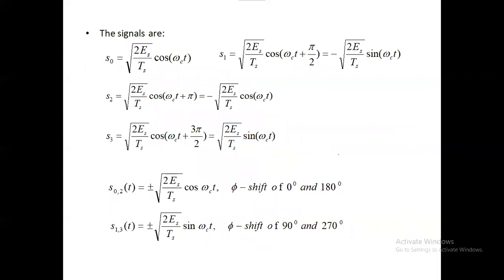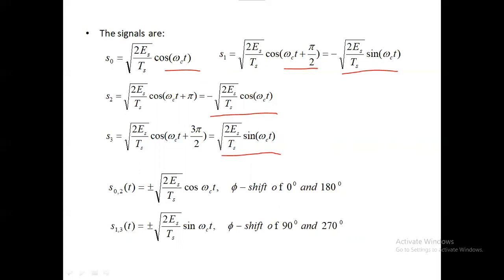So if we calculate symbol 1, we have phase 0, and then we have phase pi by 2, which is equal to minus sine omega ct. Again we have the component which is pi phase and equal to minus cosine omega ct. And when we have 3 pi by 2, we have the component which is equal to sine omega ct.